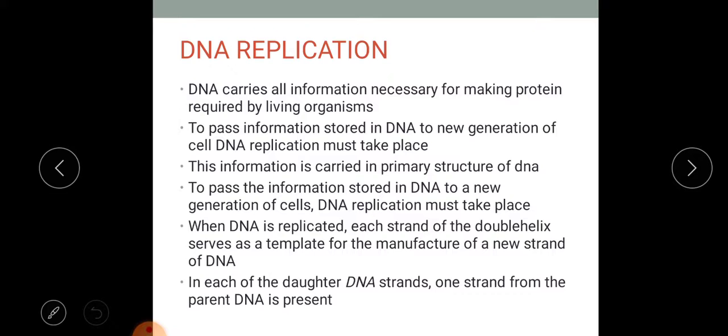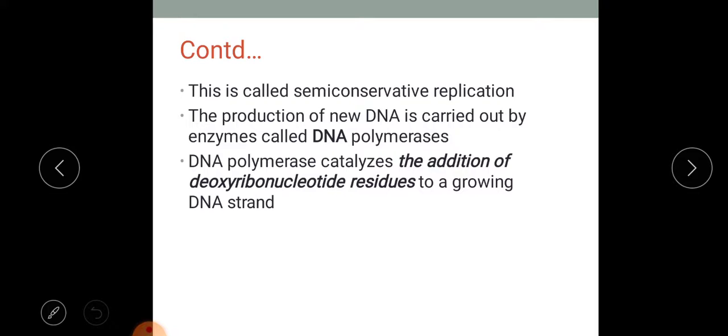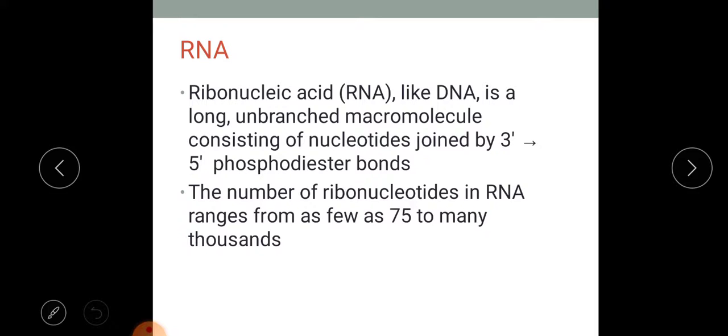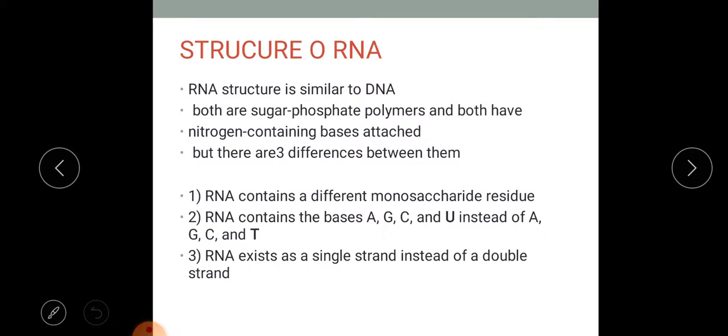Okay, so in order to discuss all these, then you have RNA. Everything is similar, except instead of deoxyribose, you have ribose here. Now the structure of RNA. So what is the difference? RNA contains a different monosaccharide residue.